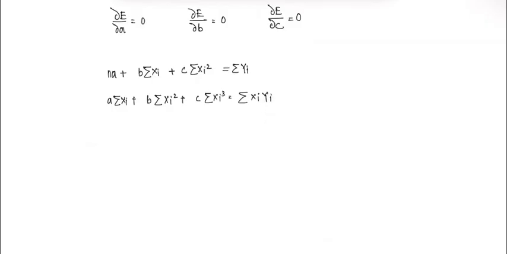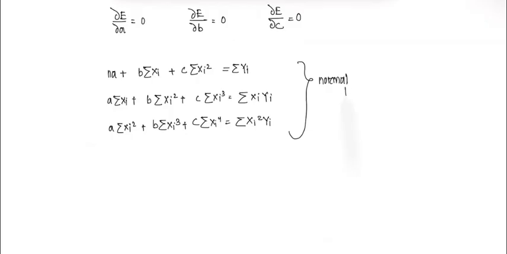And for the third one, you have the coefficients xi square, xi cube, xi power 4, and xi square yi. These are easy things. You can remember these. These are your normal equations.